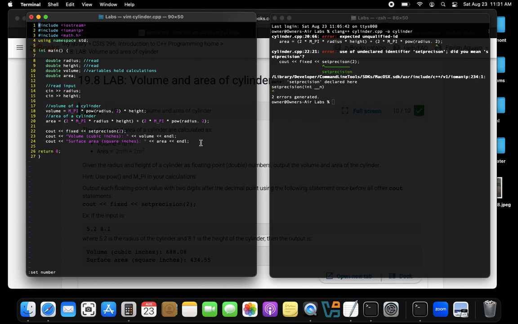So let's jump to line 20, and let's see. Alright, that should be a comma, and then, what else? Okay, set precision, I spelled wrong.